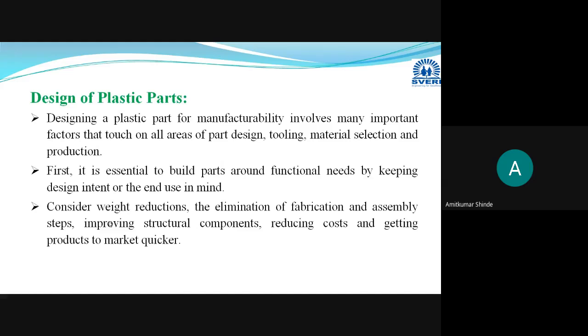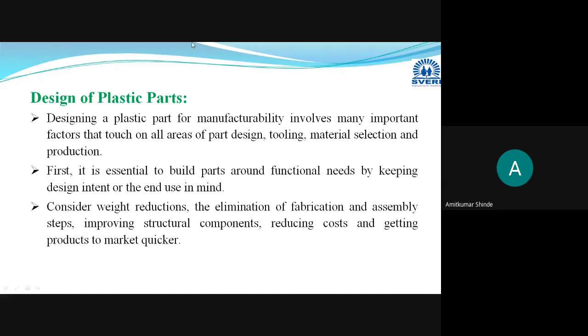Minimum fabrication or minimum assembly steps should be needed. Whenever you design any part, keep in mind that minimum processes should be required, and it should be manufactured with minimum possible weight and minimum possible cost.